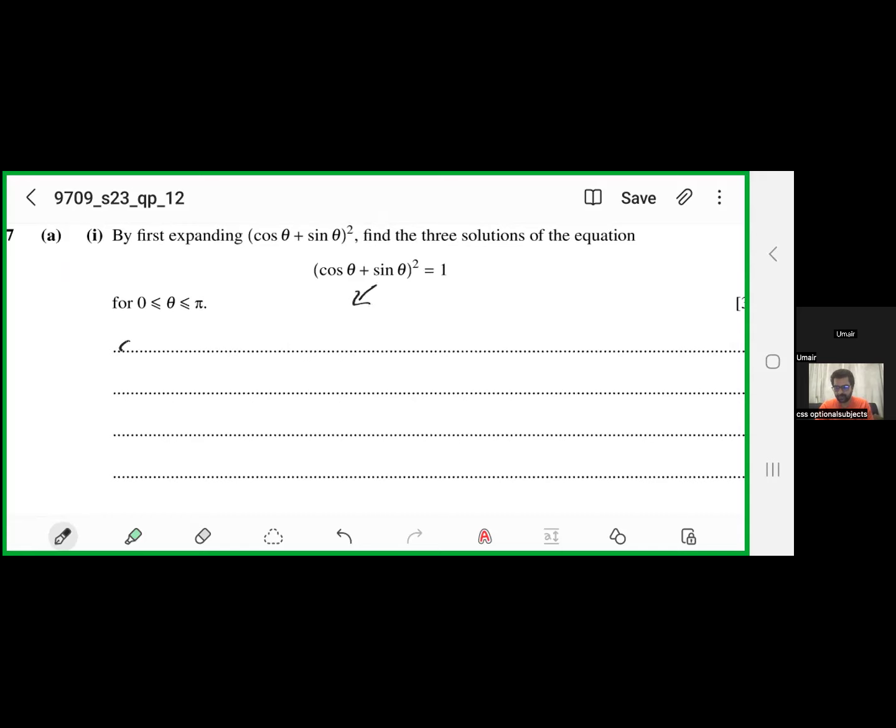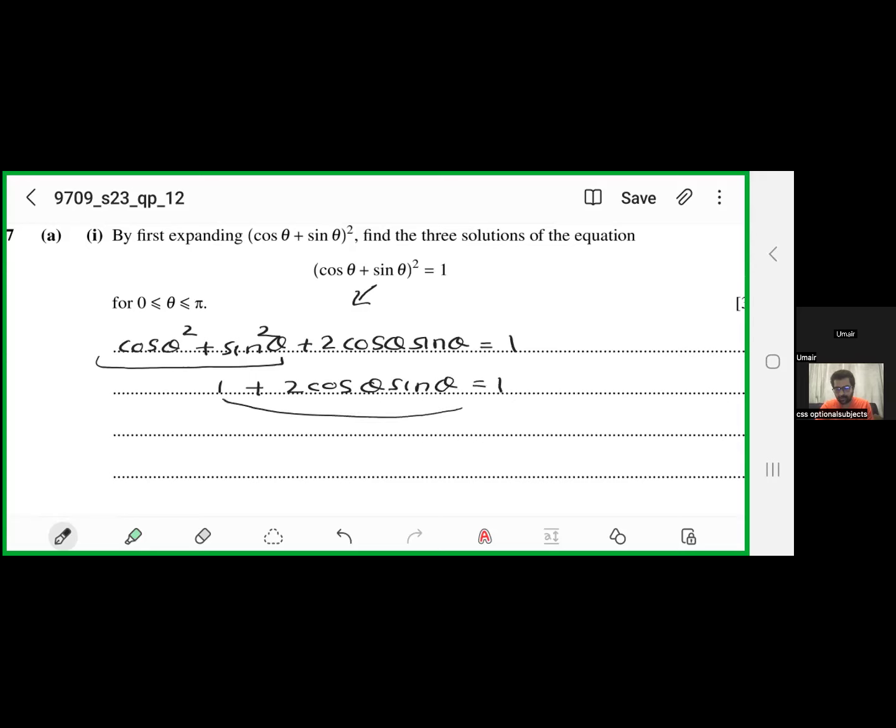So this is a square plus b square plus 2ab. I am using the formula for a plus b whole square. As you know, this is an identity: cos square theta plus sin square theta is equal to 1, plus 2 cos theta sin theta is equal to 1.